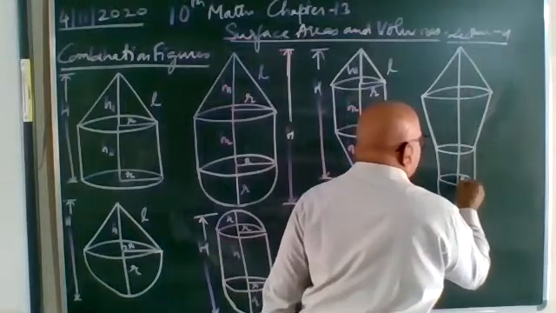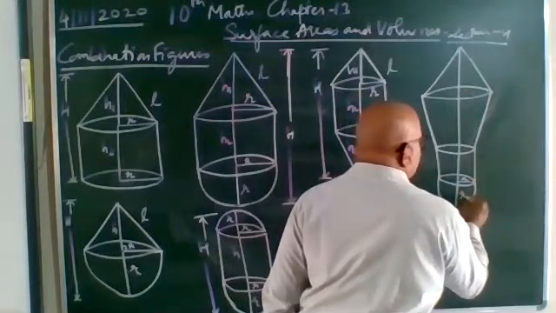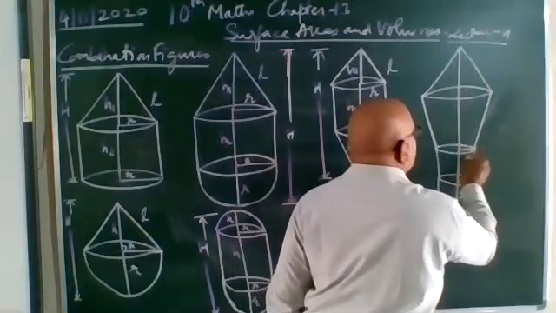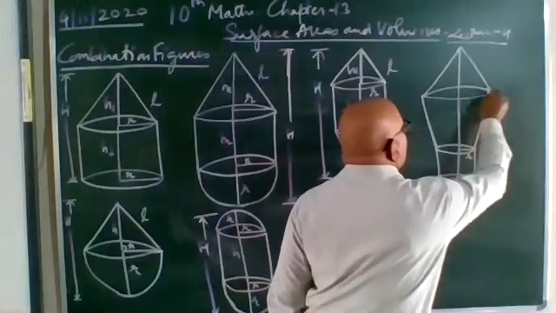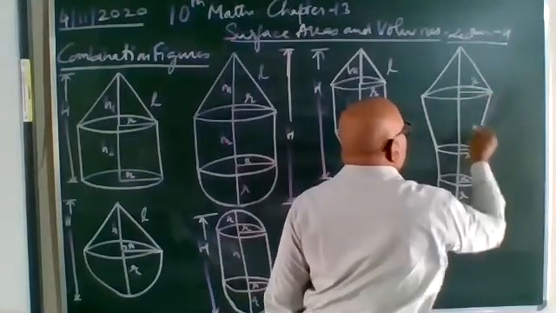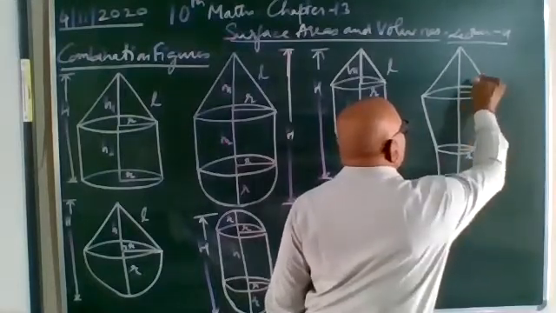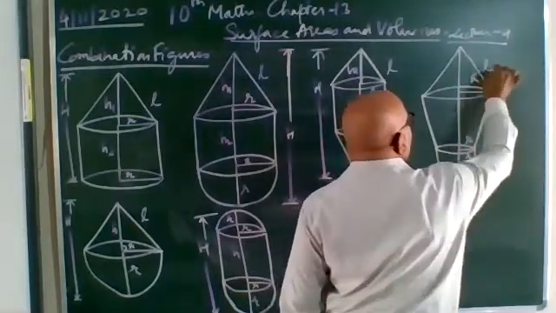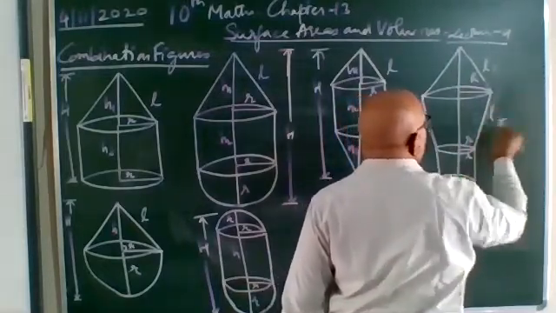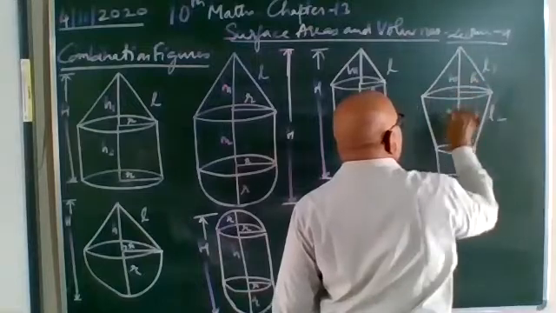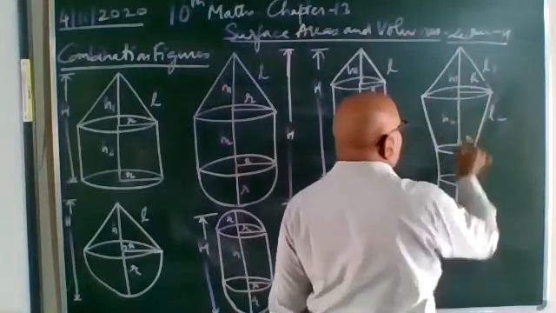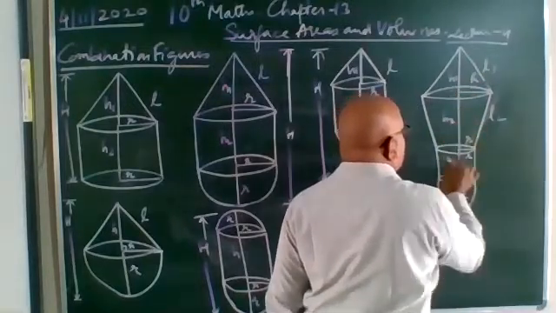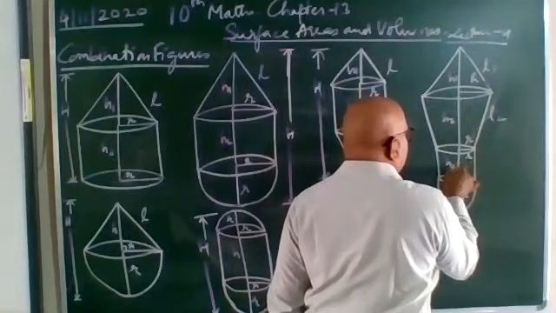This is R, this is R, this is R, this is R. This is capital R, you can say. This is small r. This is L1, here L2. This is H1, this is H2, this is H3.